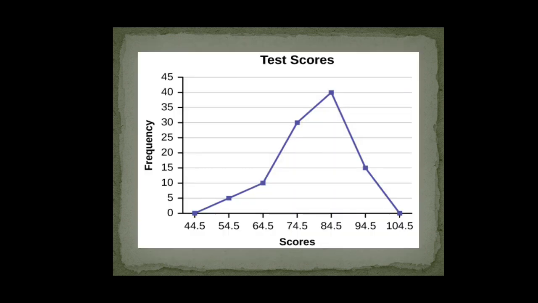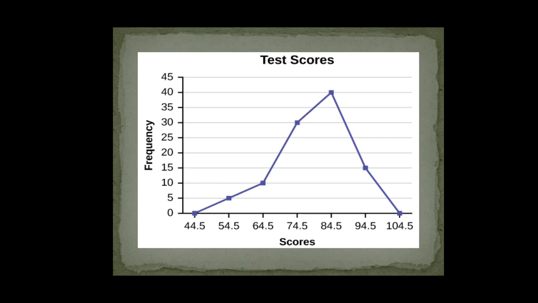Now first draw a set of axes with frequency on the y-axis and test scores on the x-axis. On the x-axis, we mark the mid values of class intervals such as 54.5, 64.5 and so on till 94.5 by using a suitable scale.